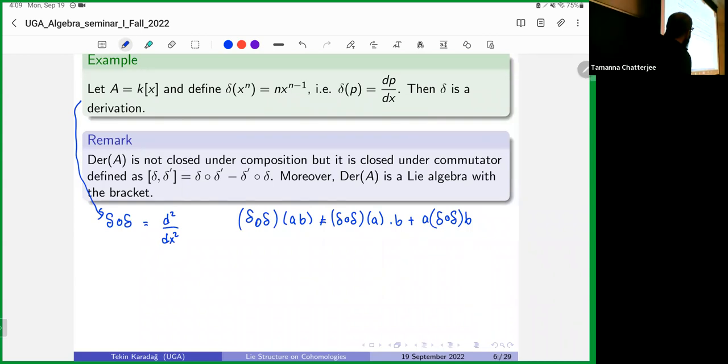And you can see that the first and second conditions on the bracket are very clear: the bracket of delta and delta prime is equal to minus the bracket of delta prime and delta. For the Jacobi identity, it requires a little bit of computation, but yes, it satisfies the Lie algebra structure.